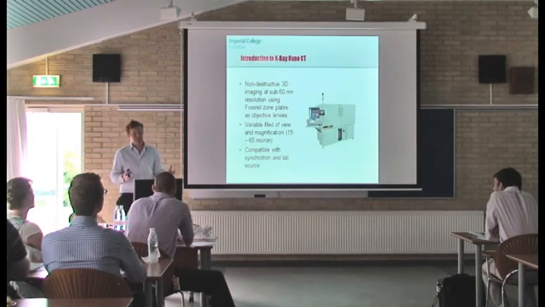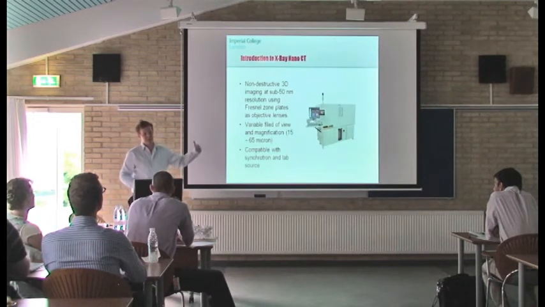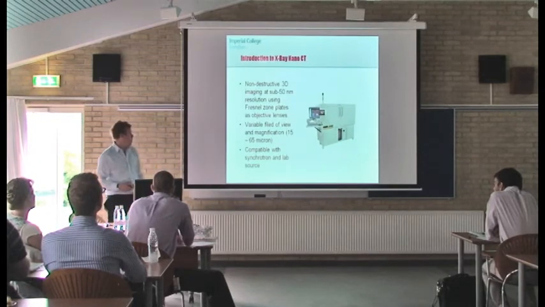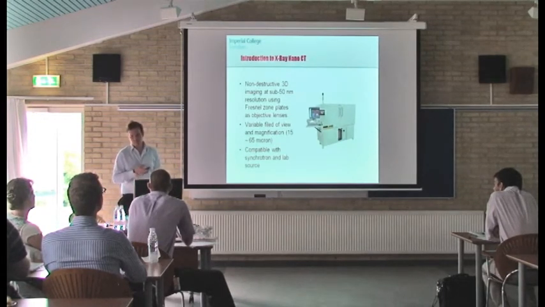But basically it uses X-ray optics to focus the X-ray before transmission, so you get a very nice parallel beam, and then after transmission it uses a zone plate to focus the transmitted X-rays before the CCD. And basically that improves the resolution by about an order of magnitude compared to conventional cone beam CT scanners.